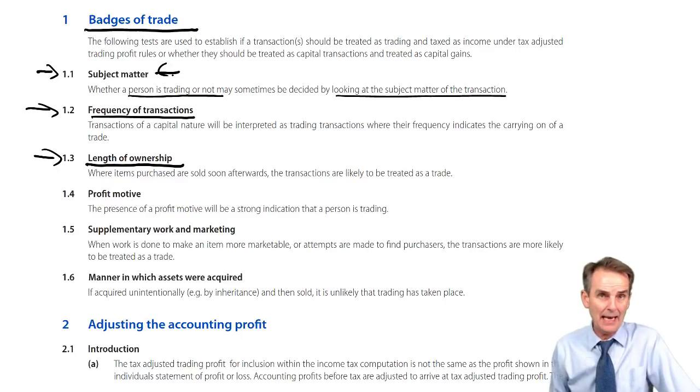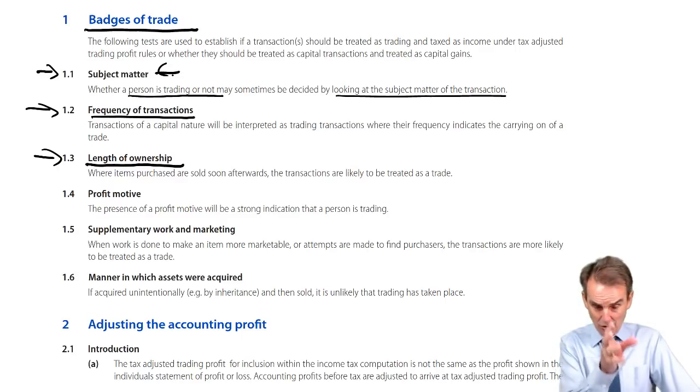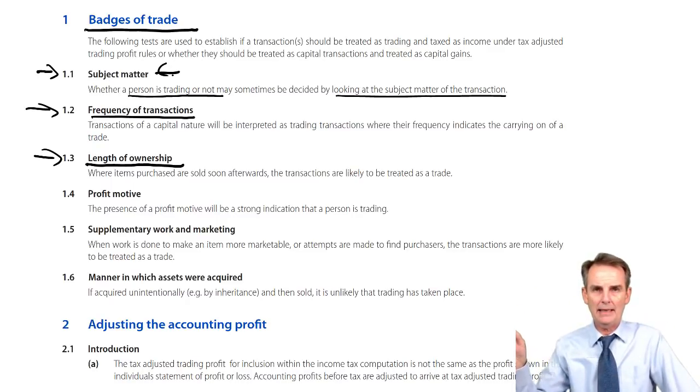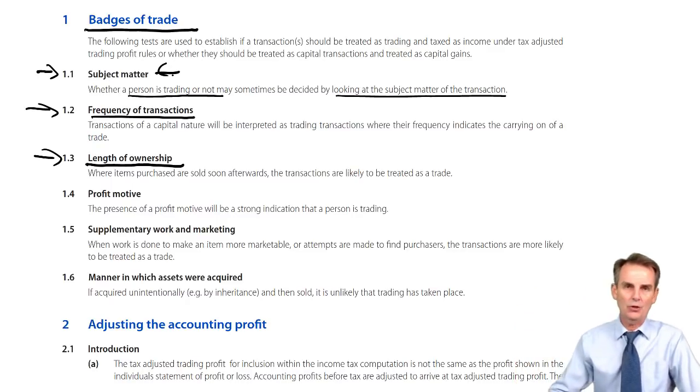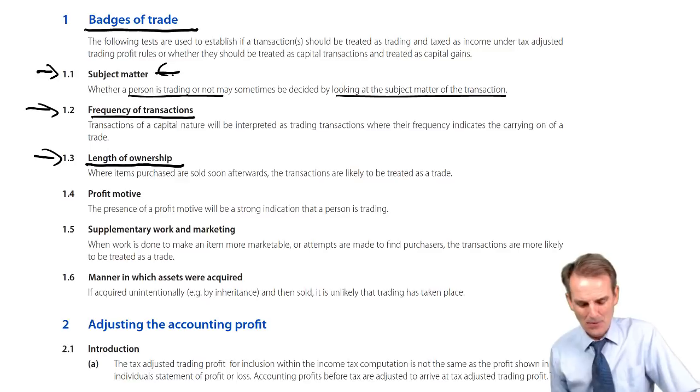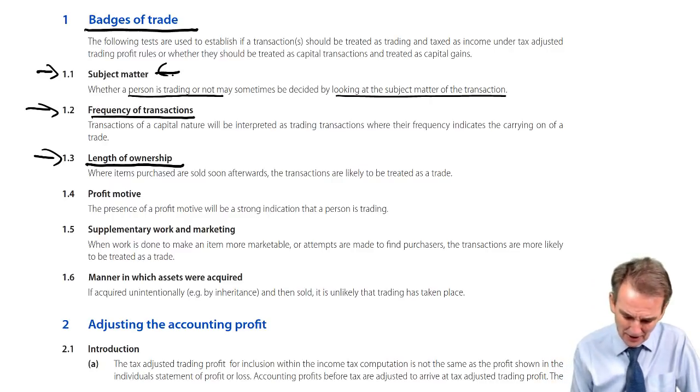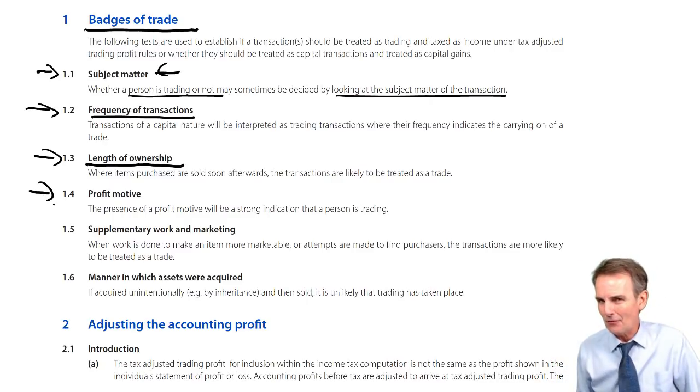Now, he tried to maintain that because it was just one transaction, we bought in one go, we didn't buy anything else, that was not trading. But when we looked at the subject matter, we think, hang on a minute, why did you buy these toilet rolls? Do we think there was a profit motive involved there?